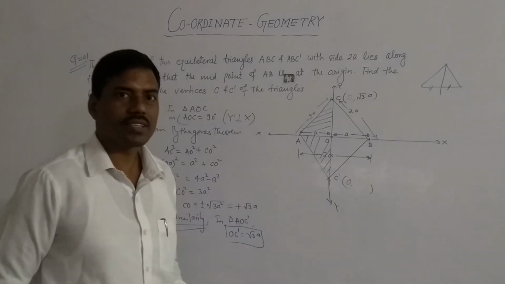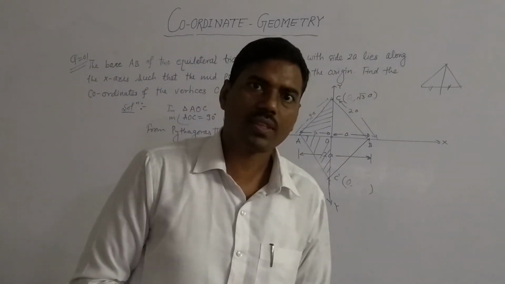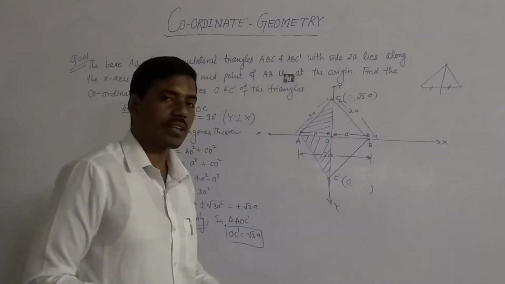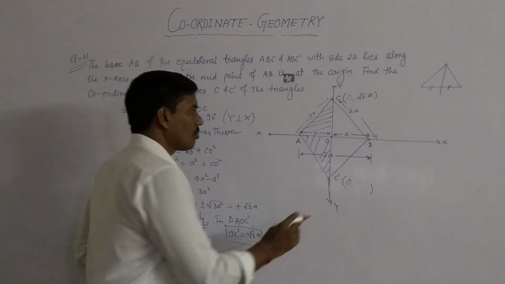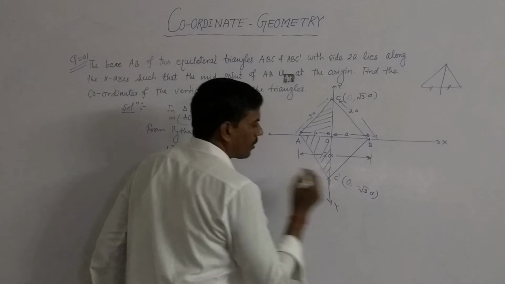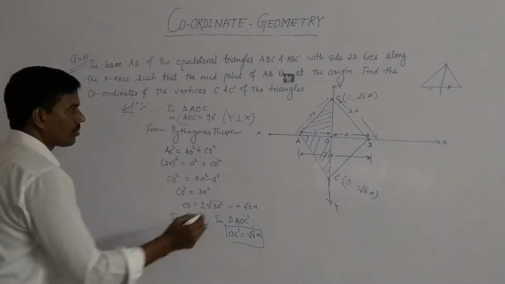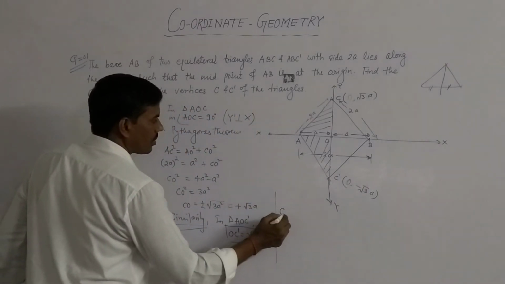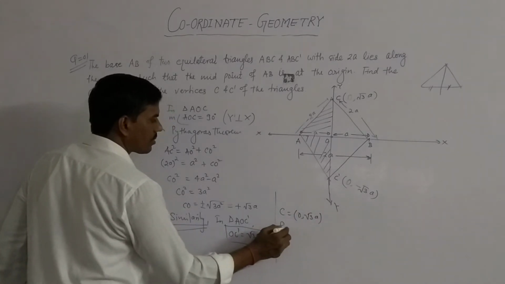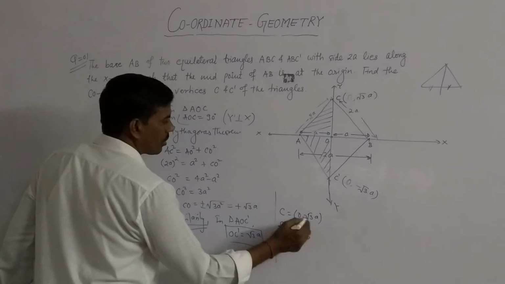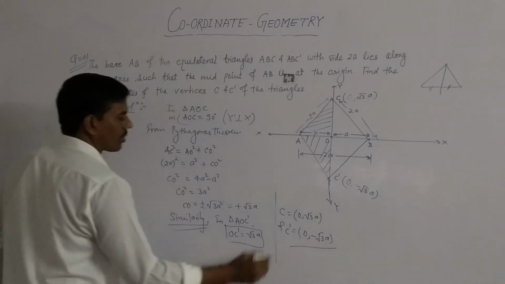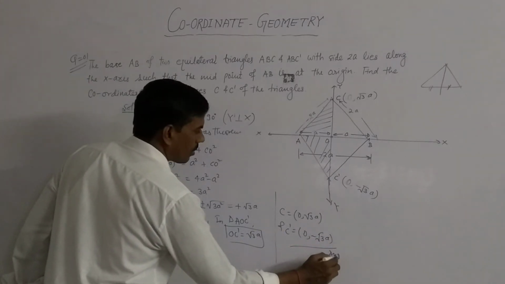But since C dash lies on the y-axis, its x coordinate is 0, and since C dash lies on the negative y-axis, its y coordinate is minus root 3 a. So C is equal to (0, root 3 a), and C dash is equal to (0, minus root 3 a). So this one is our answer.